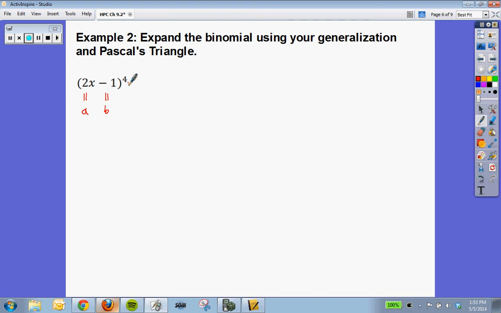So let's go through and figure out the generalization of how this should look. I'm not going to worry so much about the coefficients yet. I'll ask you guys what the coefficients should be in a second using Pascal's triangle. But let's go through. We have the 2x represents the a, so that's a 2x to the 4th power, times negative 1 to the 0 power. That's our b, so negative 1 to the 0.